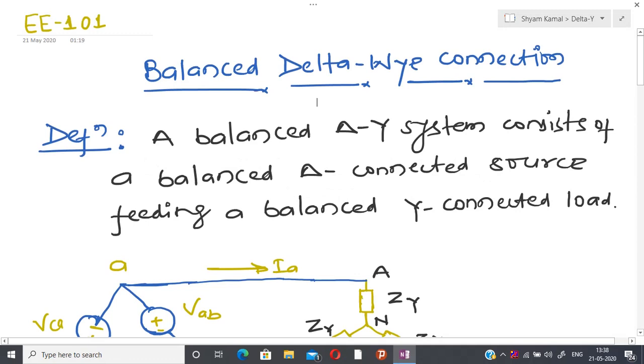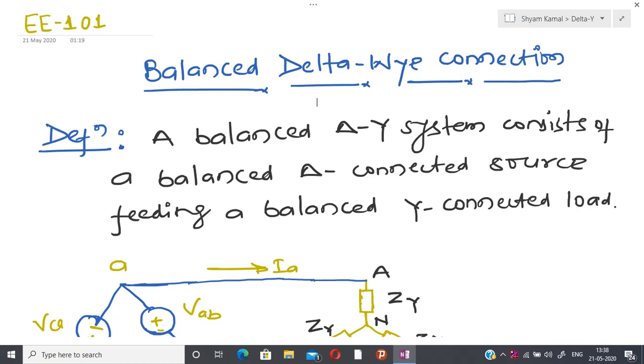Welcome back. In the previous class, I discussed the balanced delta connection, and before that we saw the balanced YY connection and the balanced Y delta connection.